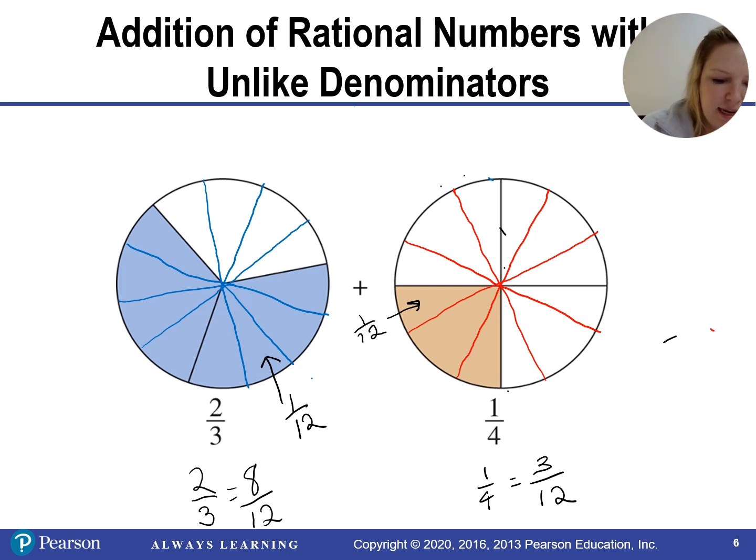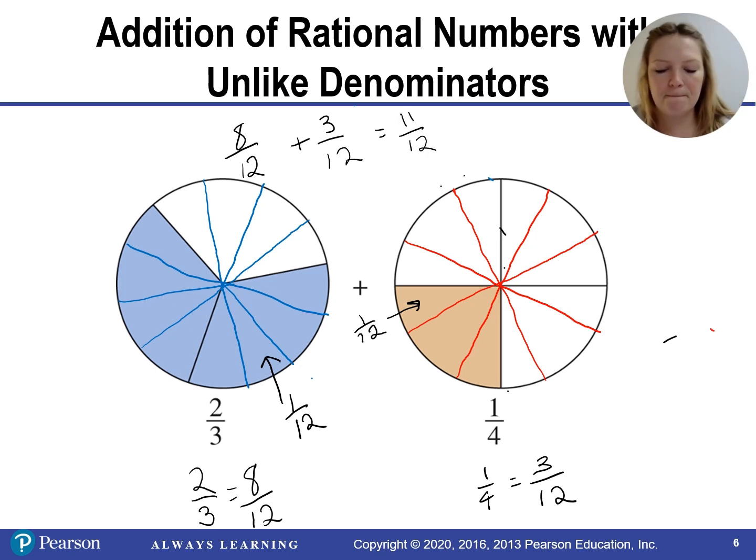So this is the same as 8/12 plus 3/12, or 11/12. I could even think about moving these 3 pieces from 1/4 over to my wheel with 2/3 and seeing I get 11/12 shaded.